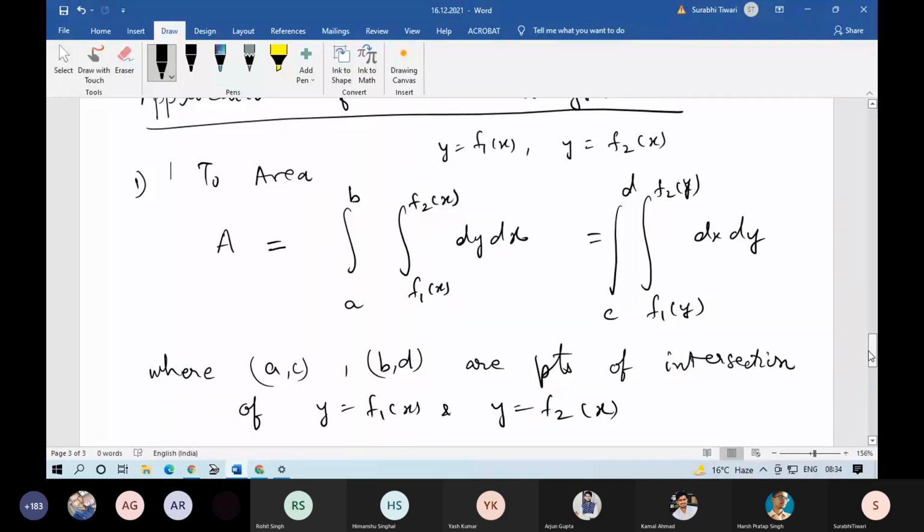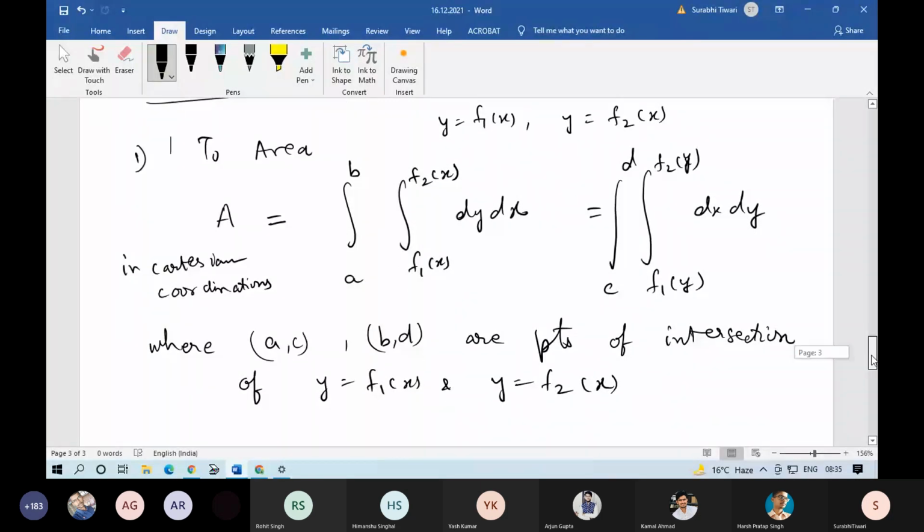Now this is in Cartesian coordinates. Now if you change dx dy into polar coordinates, then this will be r dr d theta.